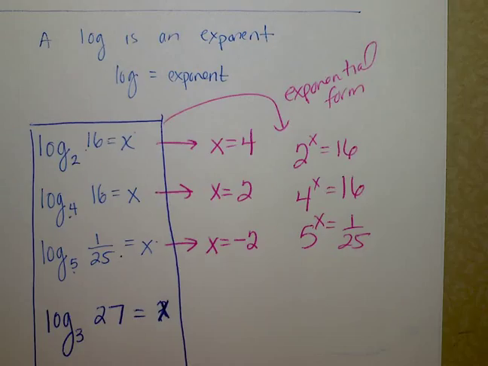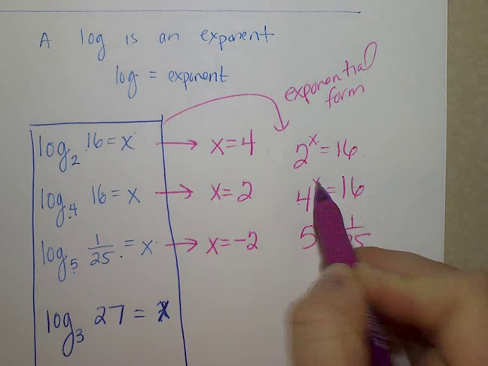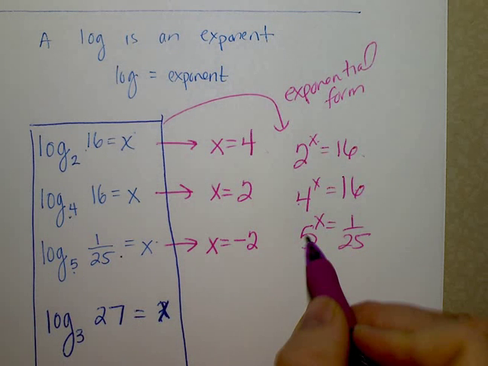Please write those down. So 2 to what power equals 16? The answer is 4. 4 to what power equals 16? The answer is 2. And this is a little bit more difficult.